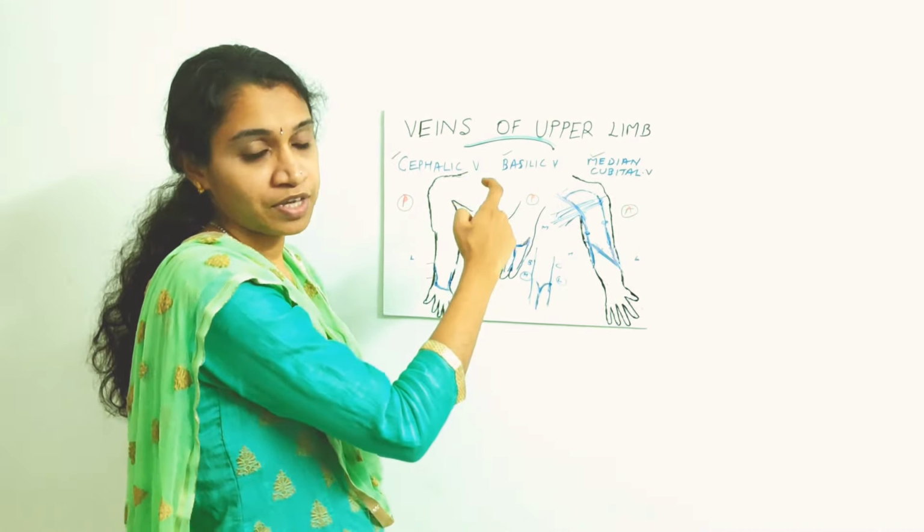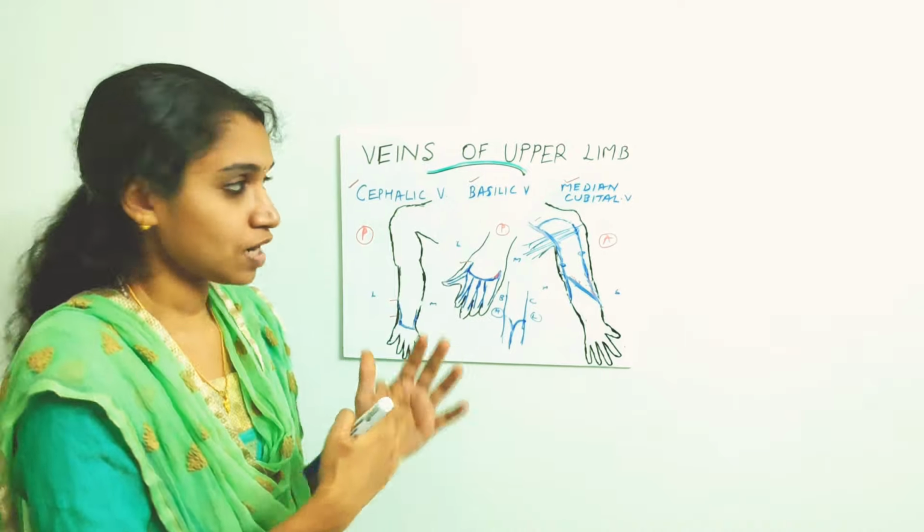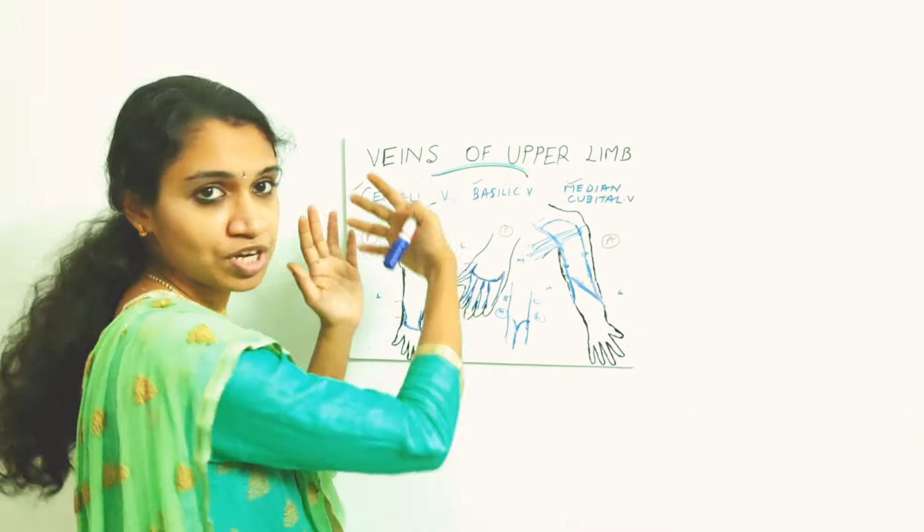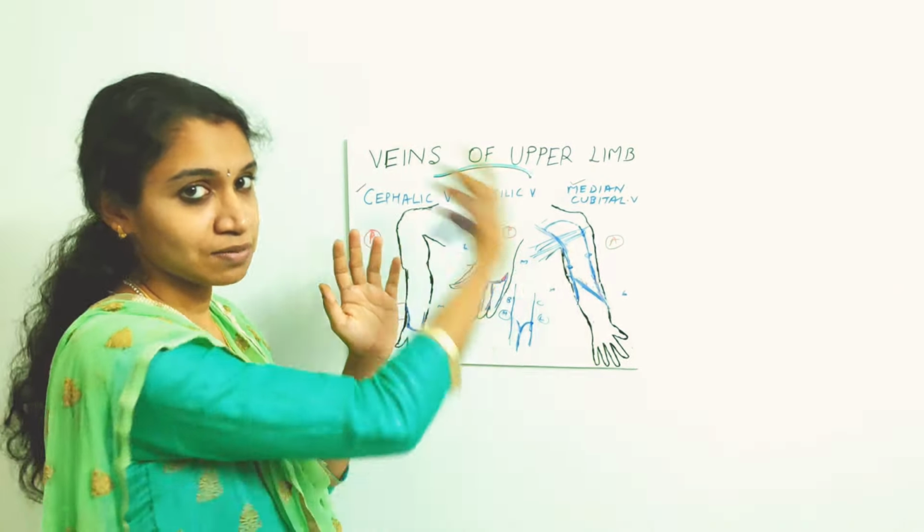So why can't we use the cephalic vein for this purpose? Because as we know, the cephalic vein is joining the axillary vein by taking a sharp turn at an angle of 90 degrees. So the catheter can get blocked there. Unlike that, the basilic vein has somewhat of a straight course with the axillary vein, so the catheter can be easily passed.